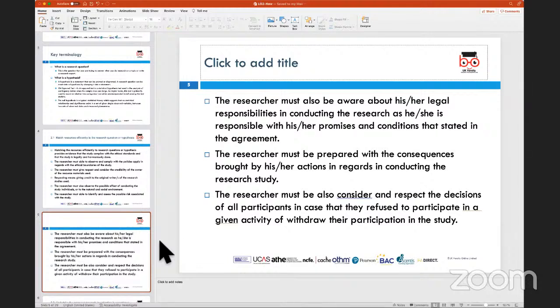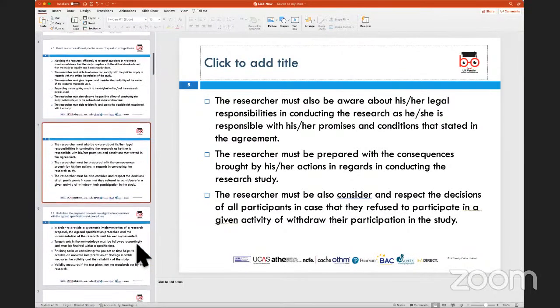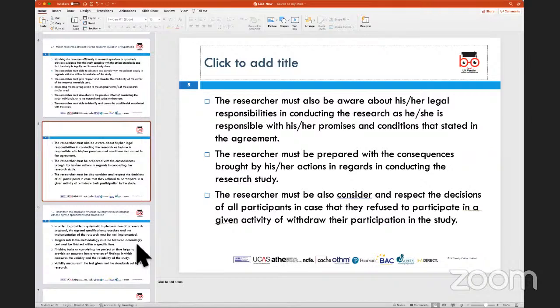That would be a meaningful utilization of your time and the resources, both financial as well as administrative, that you're looking at undertaking the research for. That is the first part that we need to understand.